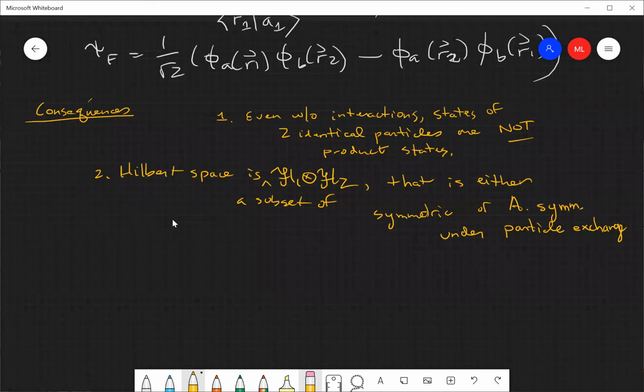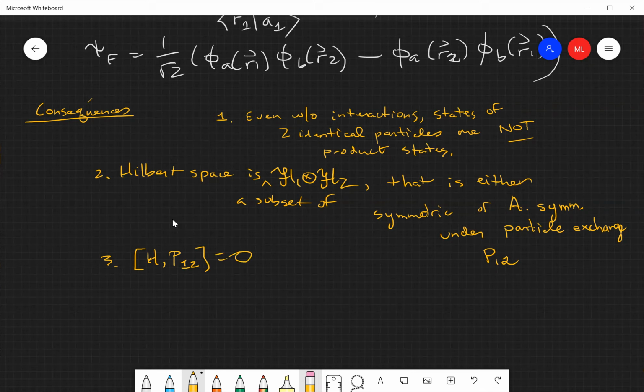And if we denote that particle exchange as some operator, P12, the other important thing is that you can't convert between one and the other. They're separate subsets, and any kind of dynamics we have in our system, any kind of Hamiltonian we write down, won't be able to convert from one type of particle to another. A statement of that might be that the Hamiltonian commutes with particle exchange.